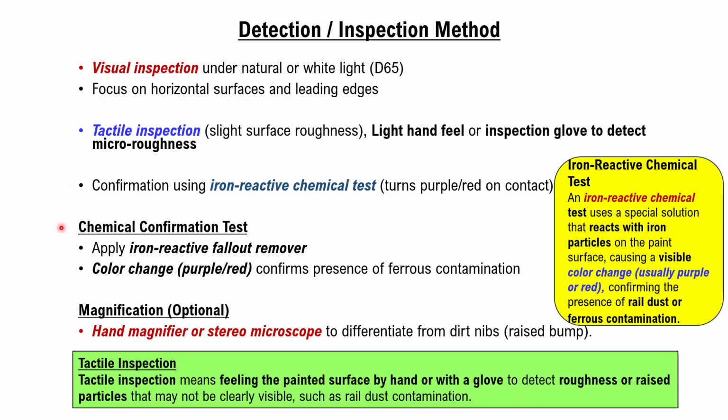Another inspection method is the chemical confirmation test, that is, apply iron reactive fallout remover. Color change purple or red confirms presence of ferrous contamination. Next comes magnification, which is optional: hand magnifier or stereo microscope to differentiate from dust nibs, that is, raised bumps.